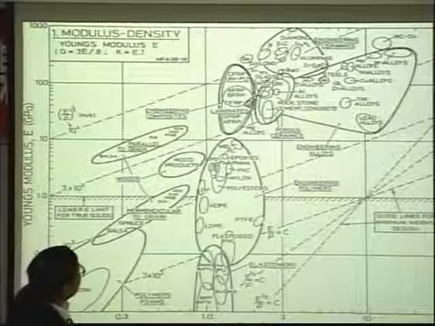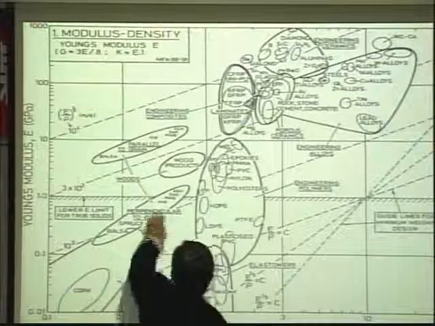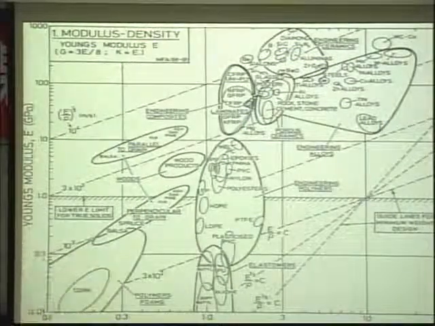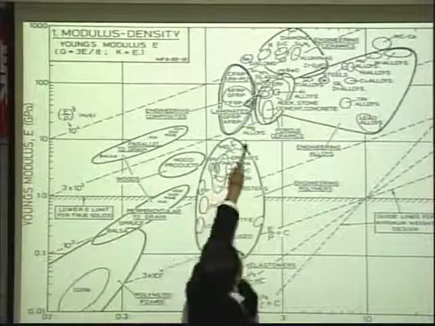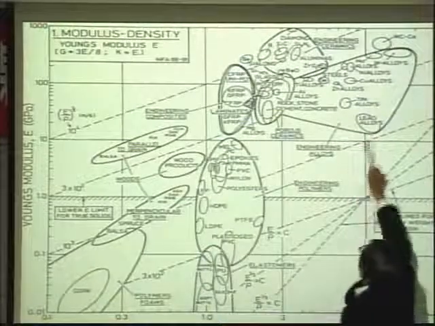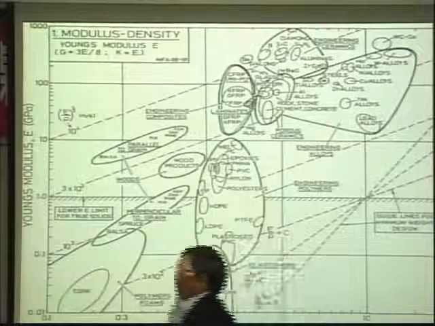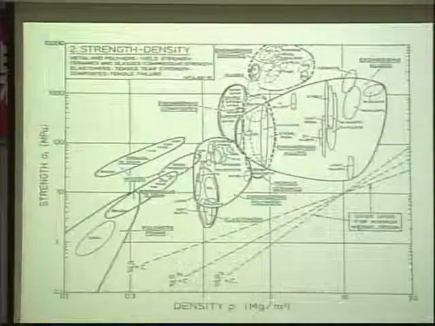If you are getting into a wood product, it is somewhere in here. Magnesium alloy, still lightweight, is in here. Lead is around there. So we can see different groups of material are there.